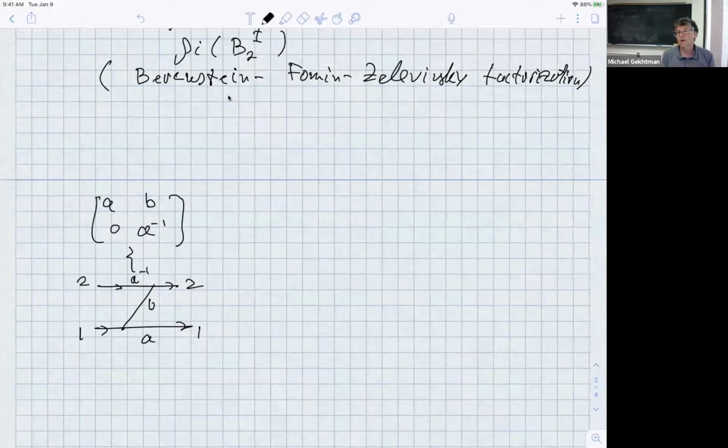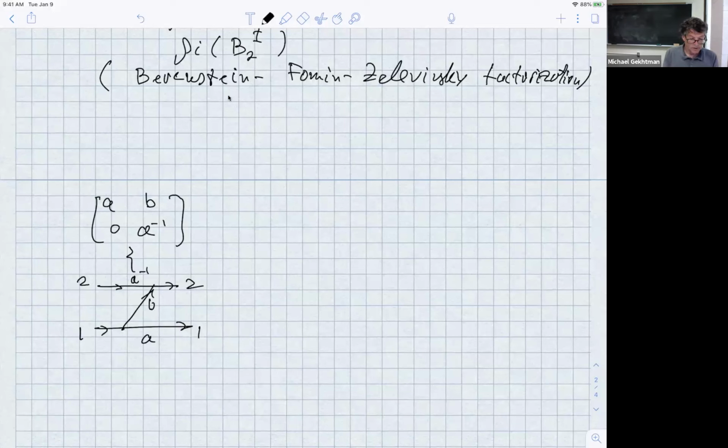I am representing this 2 by 2 matrix with a diagram which has 2 sources and 2 sinks, and I can move along this diagram from left to right only.